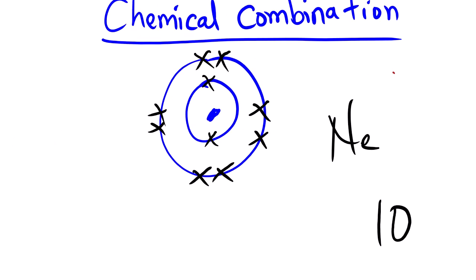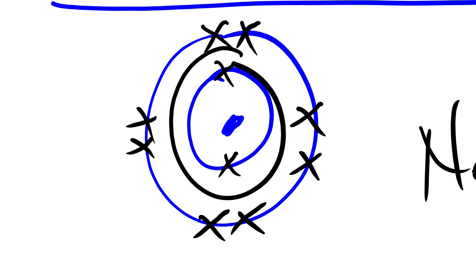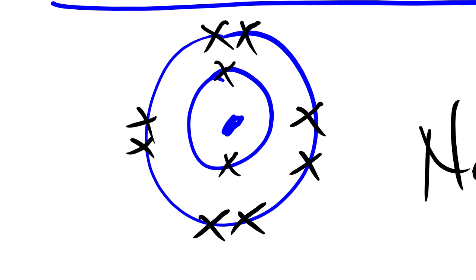It is the tendency, or the urge, of an atom to fill its innermost shell, which is this shell. The atom does not want to see this shell with only 1 electron. It always wants to fill it to make it 2.